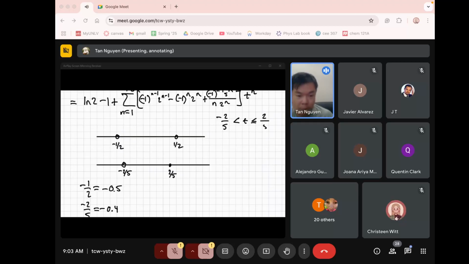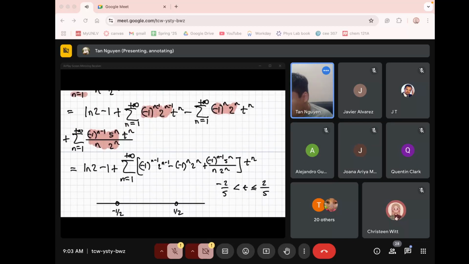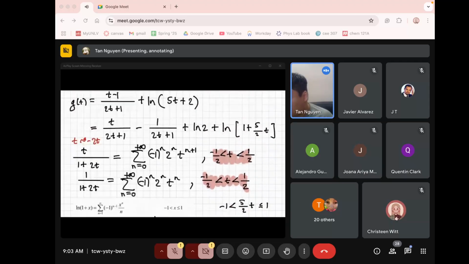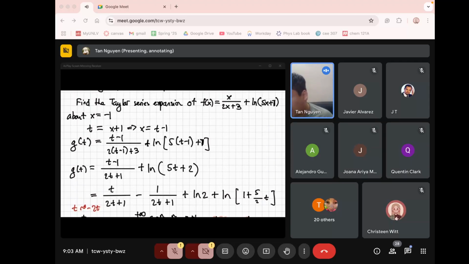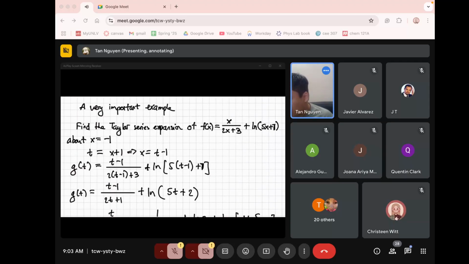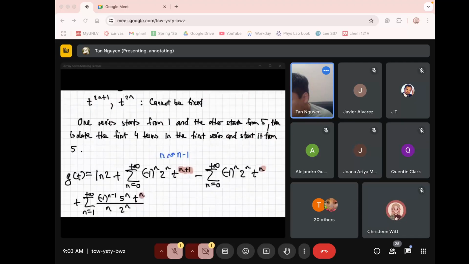It's always the smallest one that you need to use when you combine your series. Does that make sense so far, guys? Okay. All right. We are almost done. There's only one last step we have to do. If you remember, we have to go back and replace t by x plus 1. Okay, so let's do that.